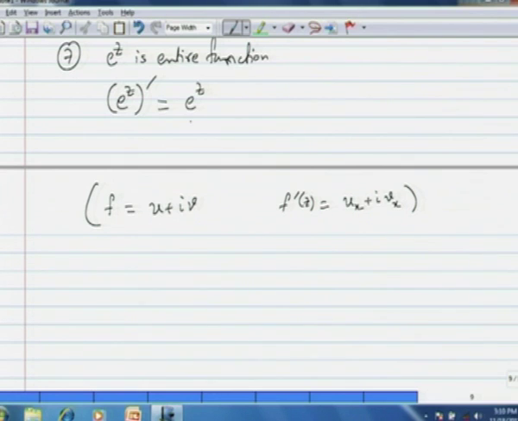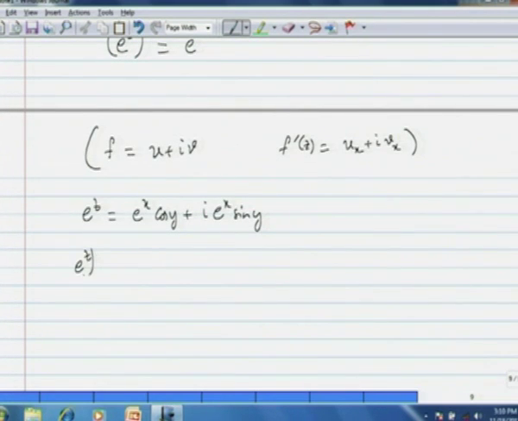Since e power z is e power x cosine y plus i times e power x sin y, and we already proved that it is differentiable, we find the derivative: it is the partial derivative of e power x cosine y with respect to x plus i times the partial derivative of e power x sin y with respect to x. So, this is once again e power z.